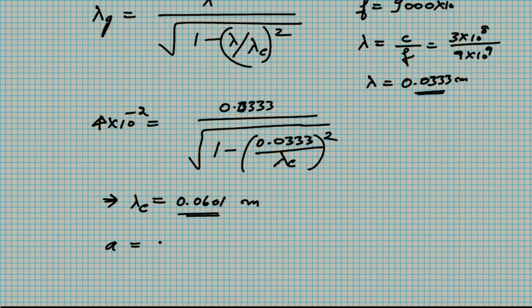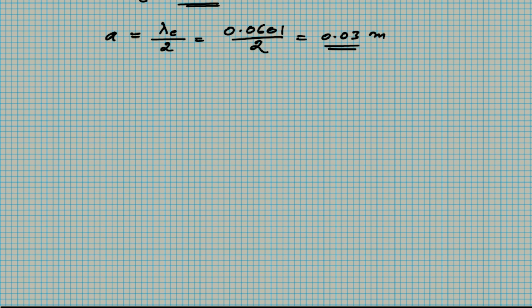Lambda c is 2a, so a equals lambda c by 2, that is 0.0601 divided by 2, which is about 0.03 meters. So this looks like 3 centimeter. That's the required answer. So a is asked, and we can calculate it. Fine, let's go to another question.